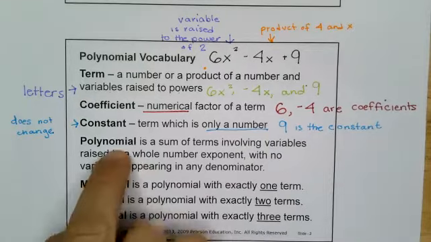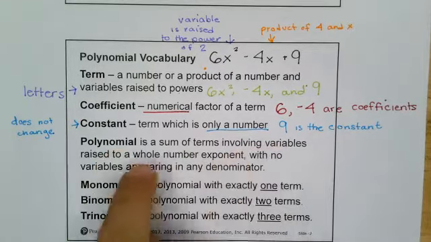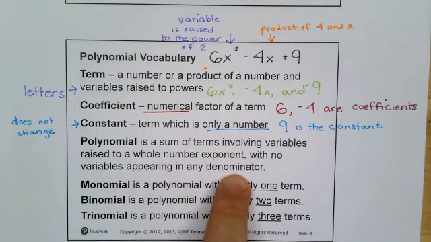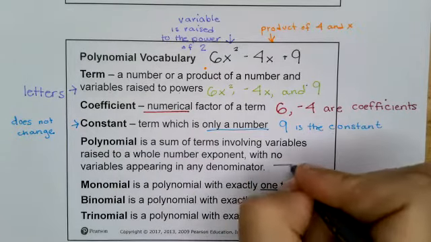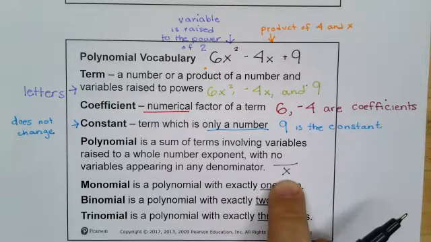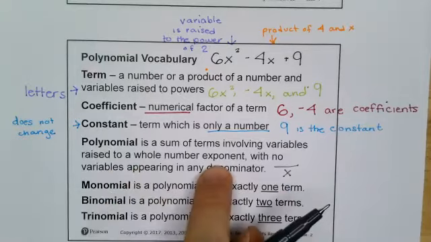So the polynomial is all the terms involving variables raised to a whole number exponent with no variables appearing in any denominator. Remember, a denominator means there's a fraction, so there's no x's or other letters in the bottom of the fraction. And the exponents are whole numbers.